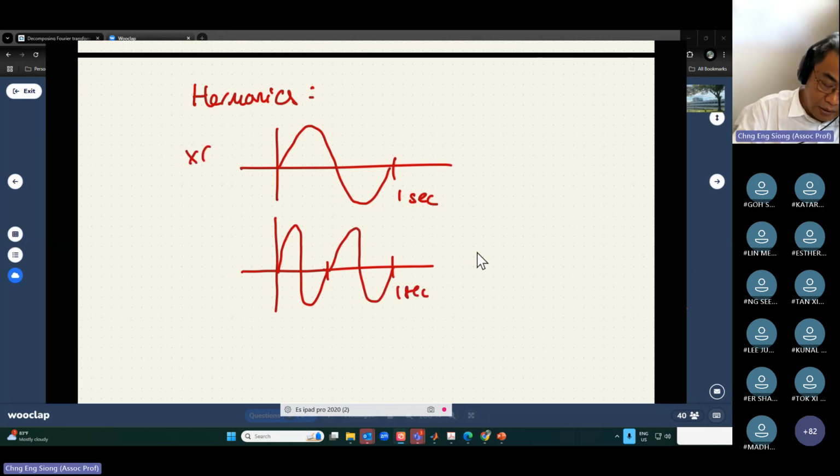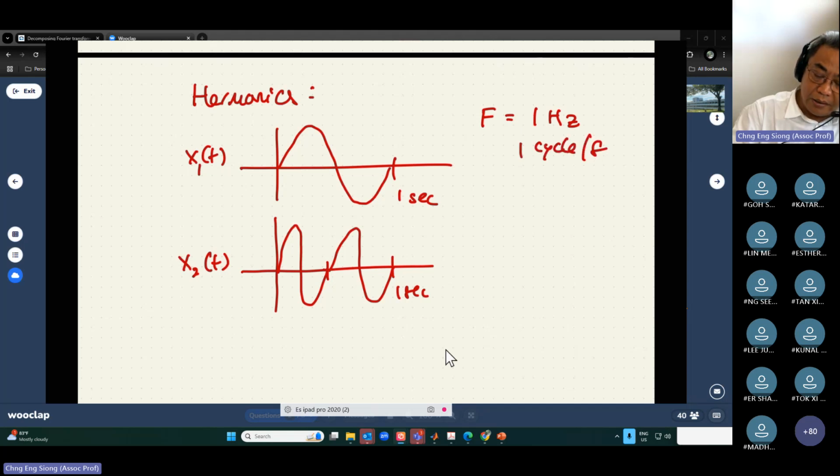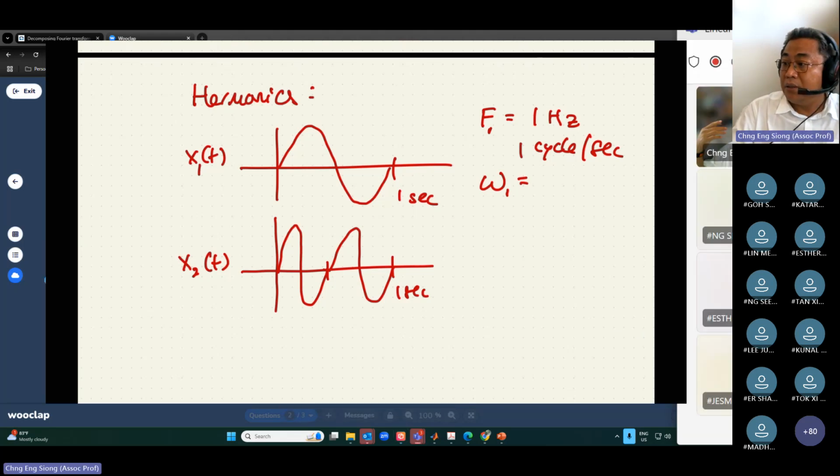How is x1(t) related to x2(t)? What is this frequency? 1 hertz, right? Because he's going at 1 cycle per second. But what is the omega of this signal? What is omega, guys? Can you tell me, please? Anybody? In the chat. Please tell me. This is 1 hertz. Everybody knows that.